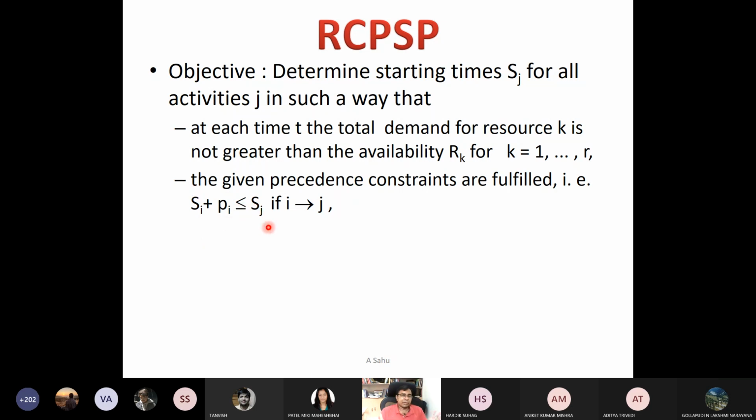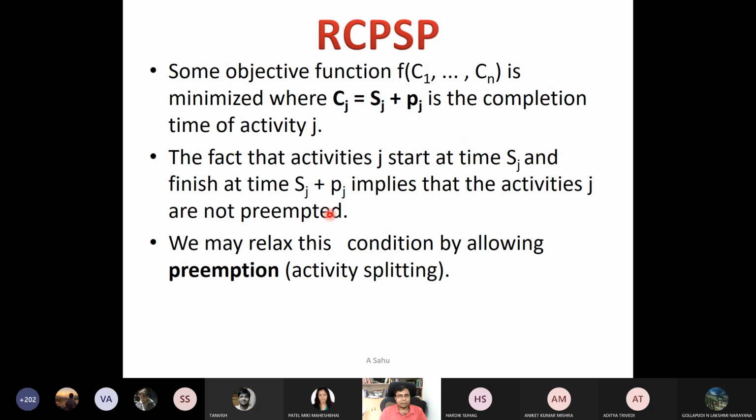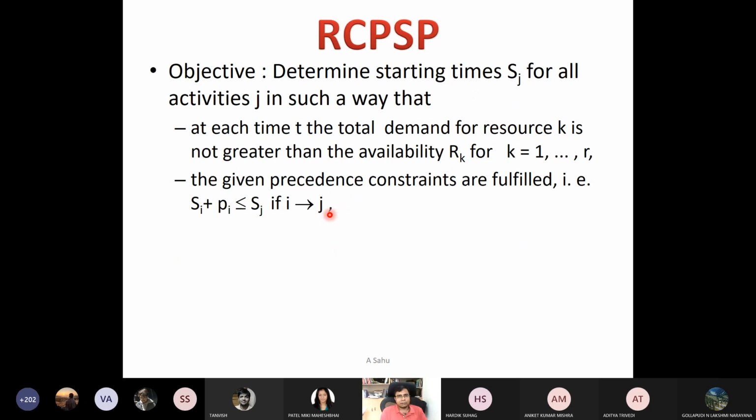This needs to maintain the precedence constraint, and the first one is the resource constraint. So the objective is, first, we want to determine the starting time of all the activities, given these constraints. What is the first one? The resource constraint.